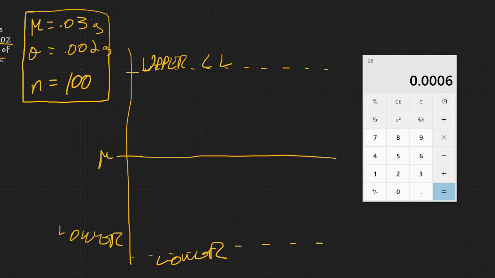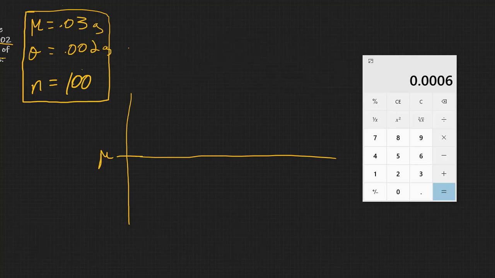Let me stretch this out further, and put the upper control limit here and the lower control limit here. And then let's do some calculations.